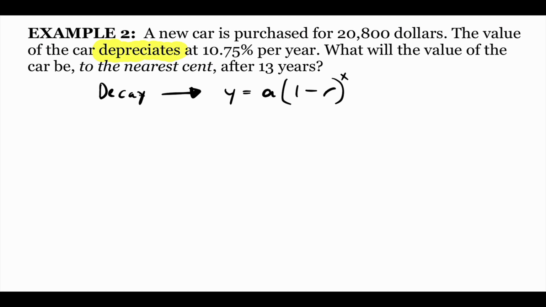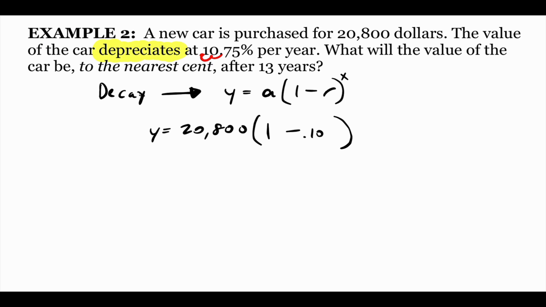Okay. Initial amount. How much did they purchase it for? 20,800. 1 minus r. R is 10.75, but we have to change it to a decimal. Even though it already has a decimal, we have to change it to a decimal without a percent.